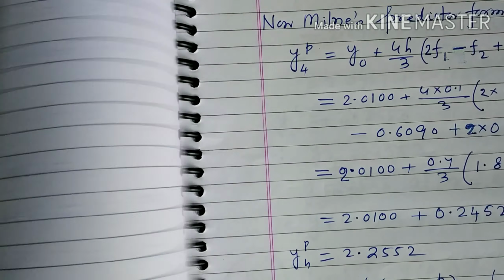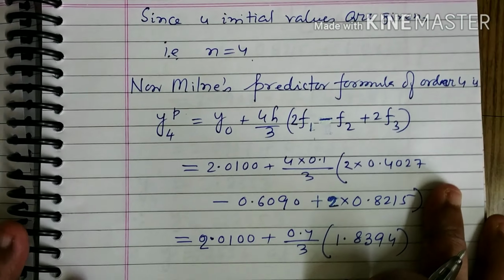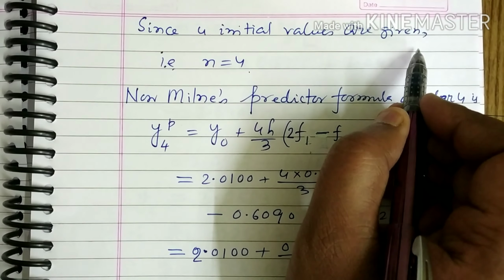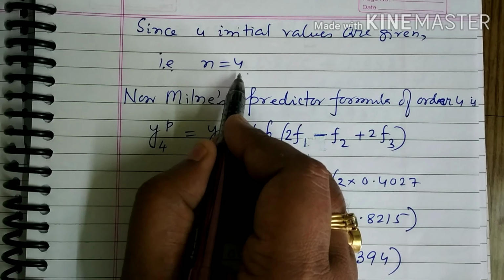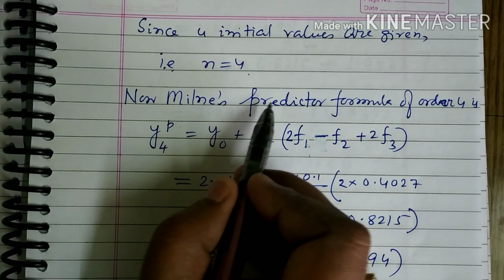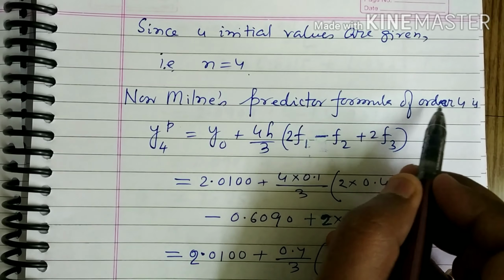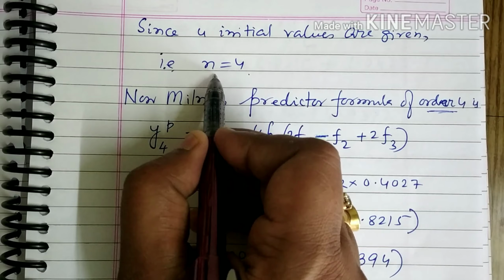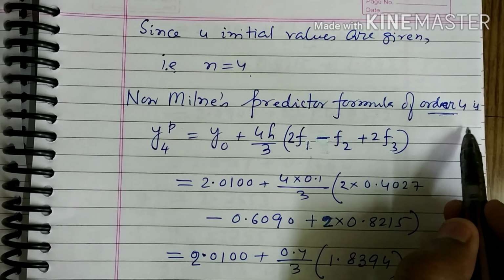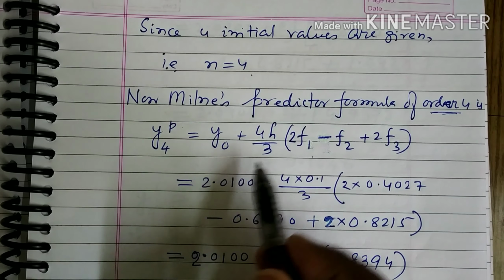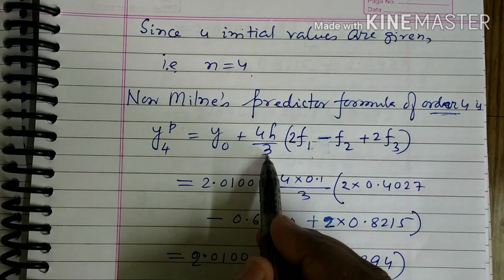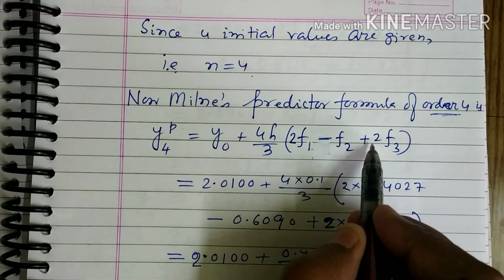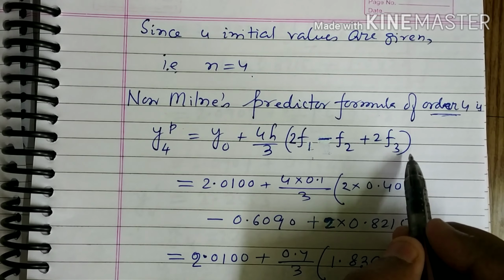Now, since 4 initial values are given, n = 4. The Milne-Simpson predictor formula of order 4, this order 4 is coming from here, is y4p = y0 + (4h/3)(2f1 - f2 + 2f3).